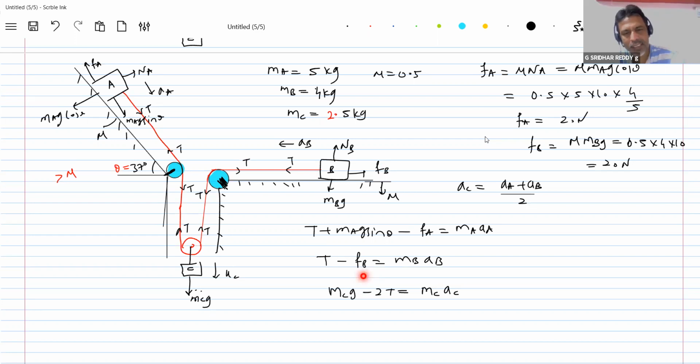But sir, we assumed it. Okay, let's calculate the tension. You check the value of T. If the tension is less than FB, then it will not shift. The block B, if tension is less than FB, will not shift. Are you getting this idea? If anybody can give the value of tension, then I can conclude something.